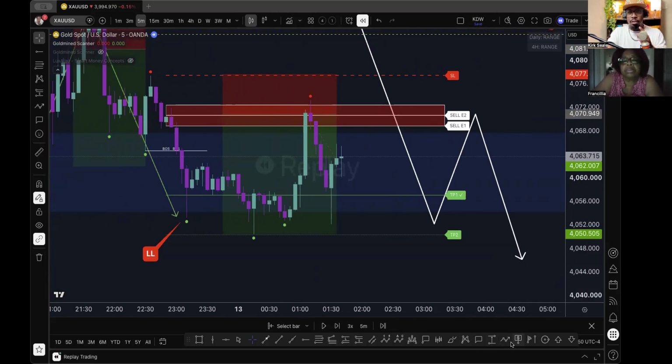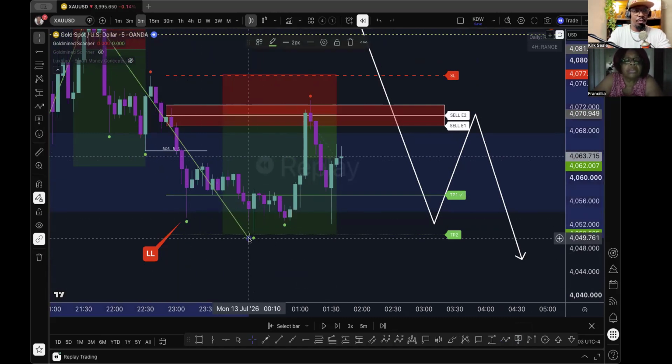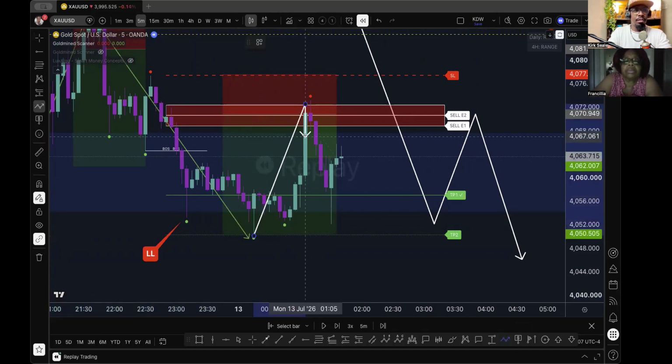And I'm going to draw this pattern again. Since we came from this, which is our lower high, right? I'm just going to keep drawing this thing over and over. Price pushed up to here.